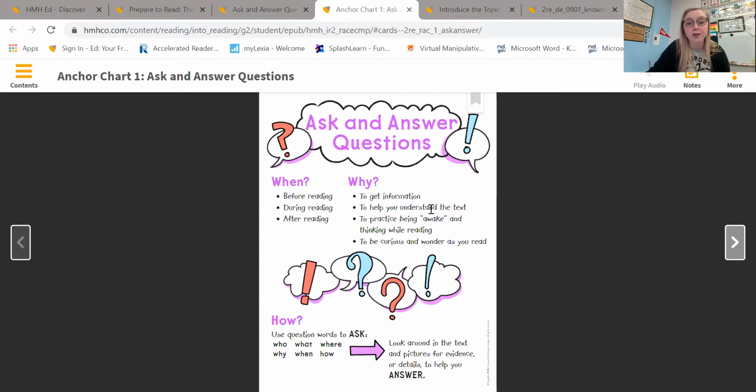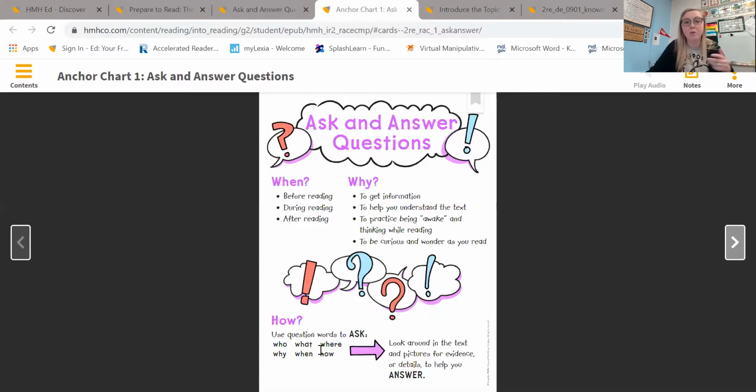Why do you ask and answer questions? You want to get information to help you understand the text, to practice being awake and thinking while you're reading, because sometimes you might just drift off and you're still reading, but you're not thinking about the story. When we ask and answer questions, it helps us stay awake and follow along really well in the story, and to be curious and wonder as you read. How do you do this? You use question words to ask, like: who is doing this in the story?